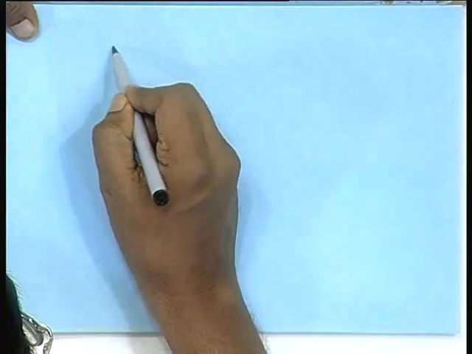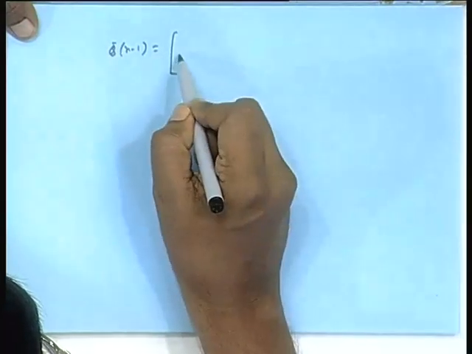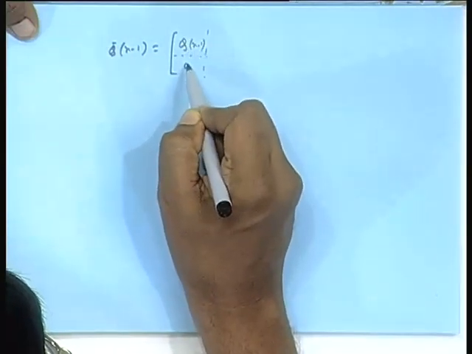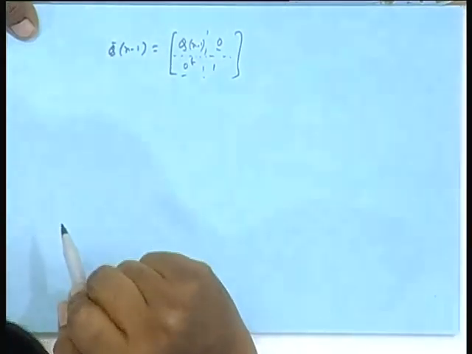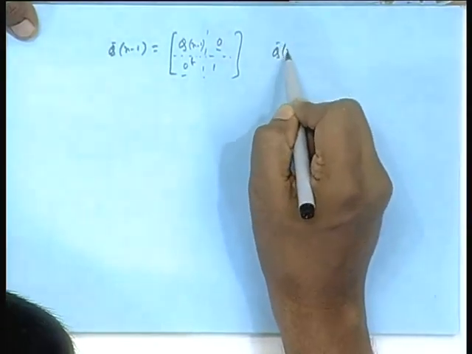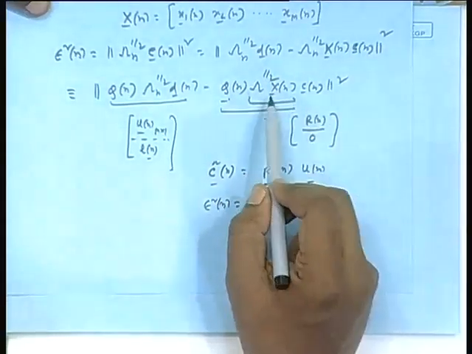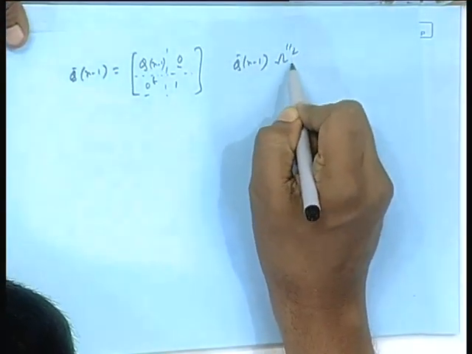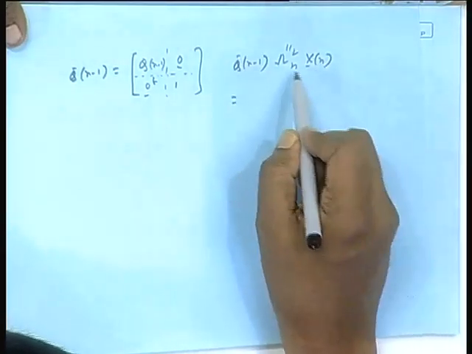We consider that also, that is first to develop q bar n minus 1 as zero transpose 0 vector 1. Okay. So, if you apply q bar n minus 1 on this guy, this will be what?